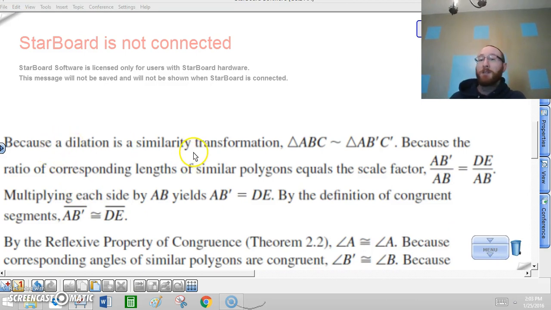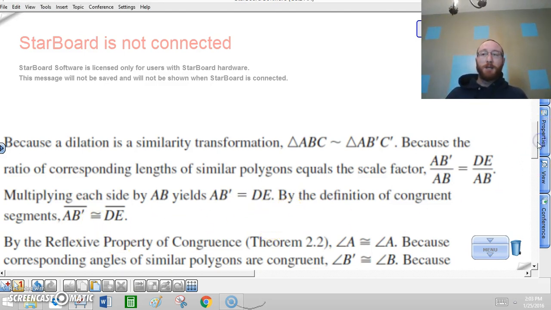So since the dilation is a similarity transformation, and because the ratio of corresponding side lengths in similar polygons equals their scale factor, for instance, A prime B prime over AB is equal to DE over AB, then if we multiply both sides by AB, we get that A prime B prime is equal in length to DE. And by definition, that means that those sides are congruent.